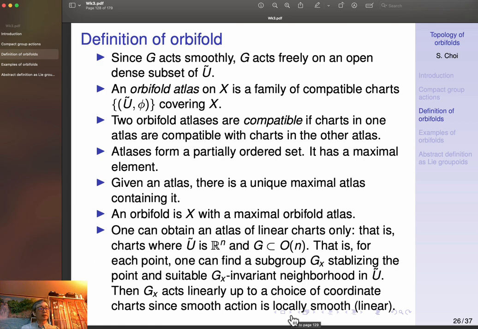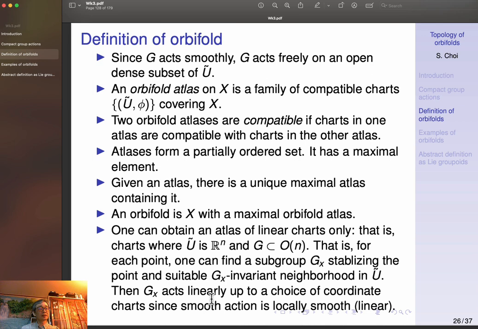One can obtain an atlas of linear charts only, that is, charts where Ũ is R^n or the upper half space, which I said above when we want to talk about the boundary, and G is in the orthogonal group. That is, for each point we can find the subgroup G_x stabilizing the point and a suitable G_x-invariant neighborhood in it.